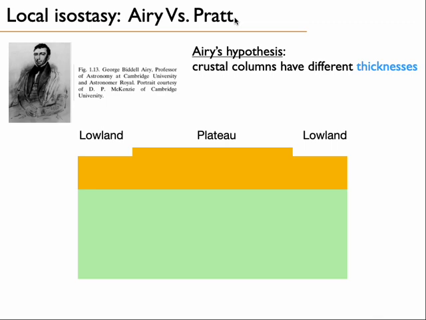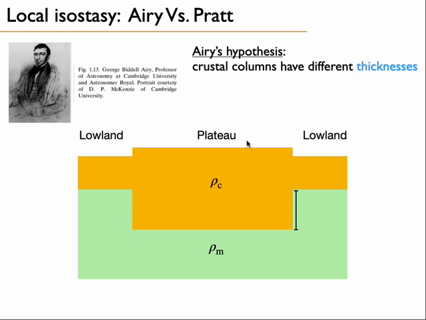The hypothesis of Airy, which you can see on the left hand side, was that the crustal columns adjacent to each other have different thicknesses. So if you want to explain a topographic distribution, you introduce a variation of the thickness of adjacent crustal columns.